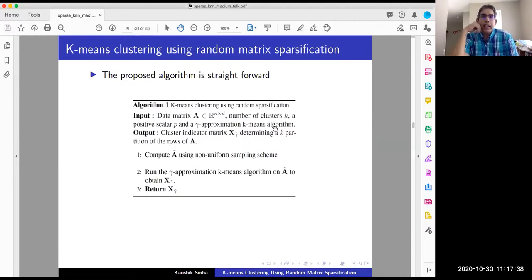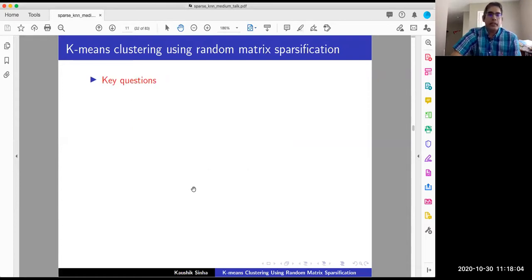Remember, k-means is NP-hard, so whatever standard technique you use, you get an approximately optimal solution. Then the basic steps are: given the data matrix, depending on the scalar parameter, we make a sparsified version of this matrix, A tilde, run the gamma-approximation k-means clustering on the sparsified matrix, and simply return the result. So that is a very simple algorithm.